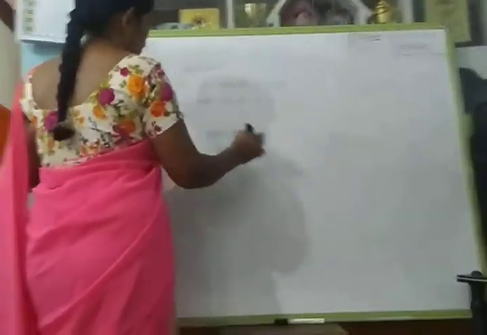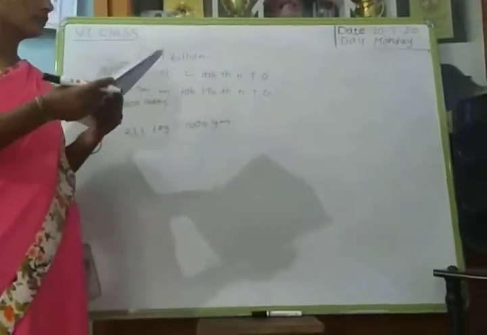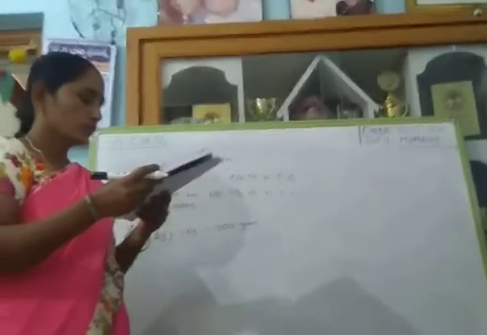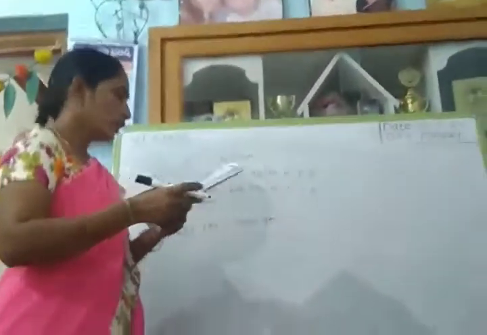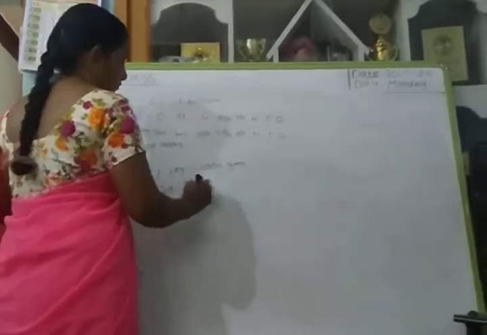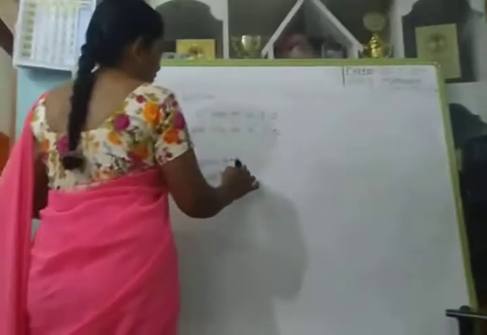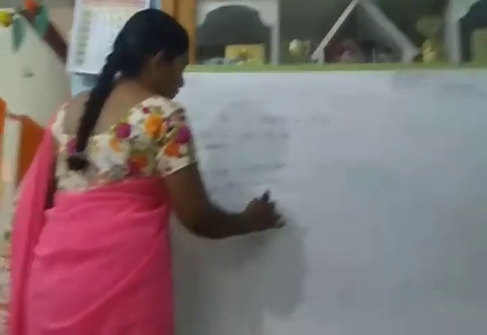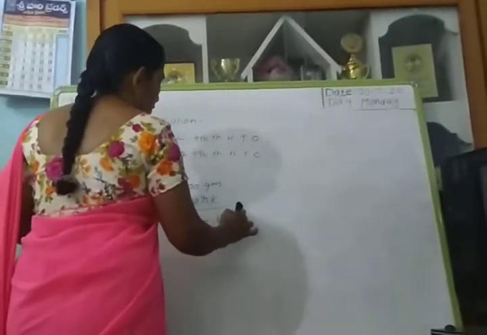You already know, 1000 grams. Next, 24 to 30 are homework problems, diary work problems.